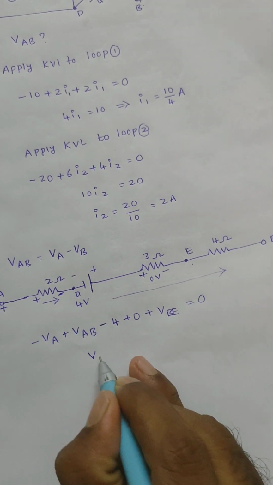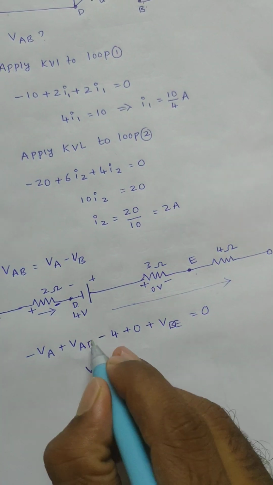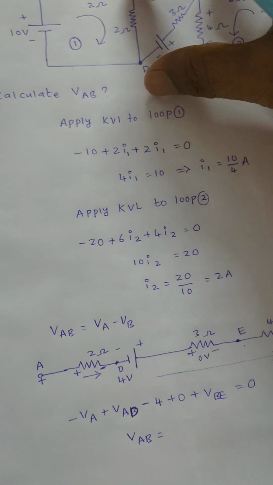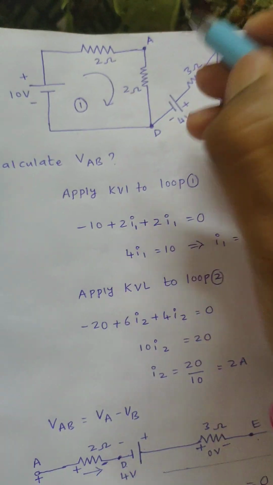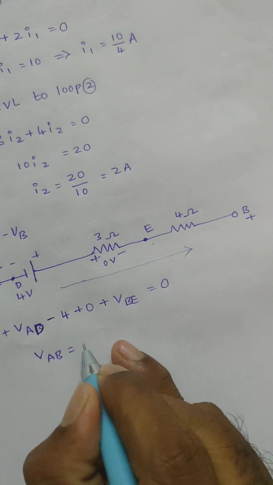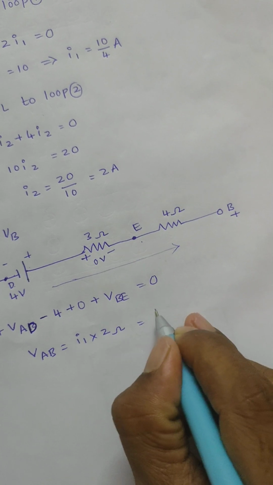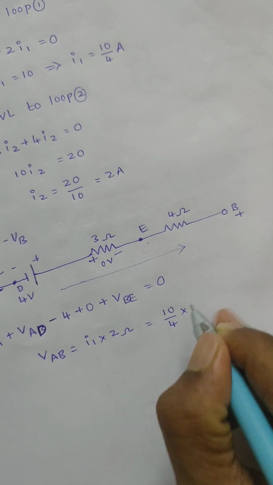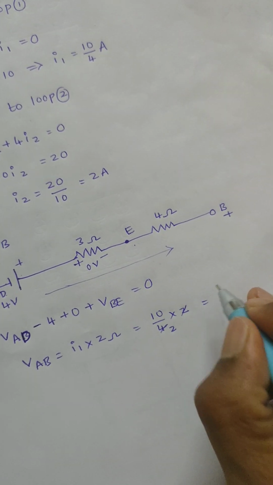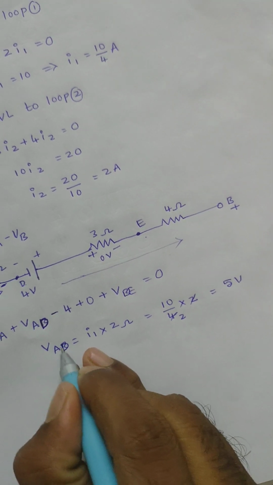The voltage between A and D terminals is nothing but the current flowing through that branch into that branch resistance. That is I1 into 2 ohms, that is 10 by 4 into 2, that is 5 volts, VAD.